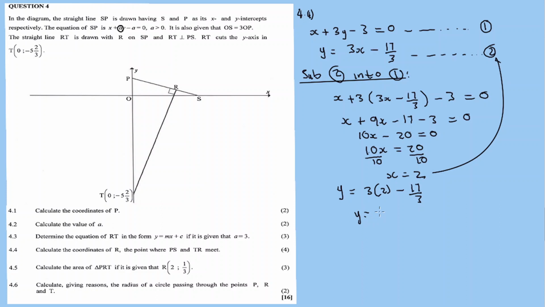So our y is equal to 1 over 3, and the coordinates of R are 2 and 1 over 3. Voila, simultaneous equations. So I solved my equations simultaneously to find the coordinates of R. 4.5, calculate the area of triangle PRT if it is given that R is 2 and 1 over 3. Interesting. Haha. Okay.